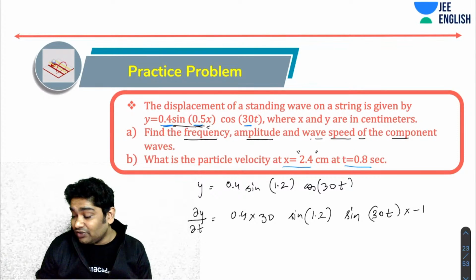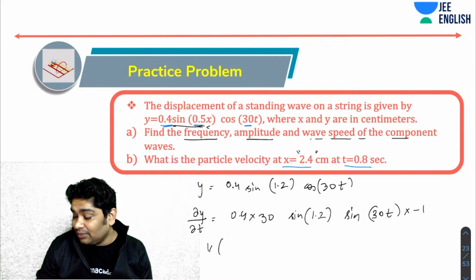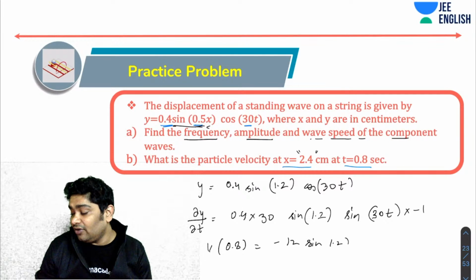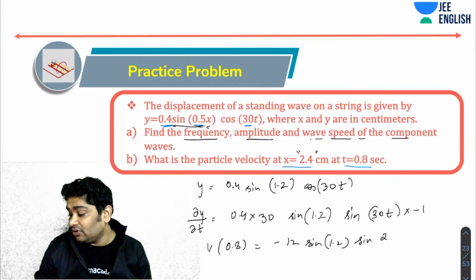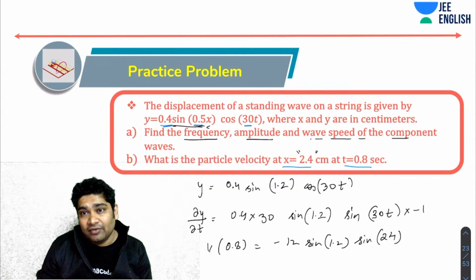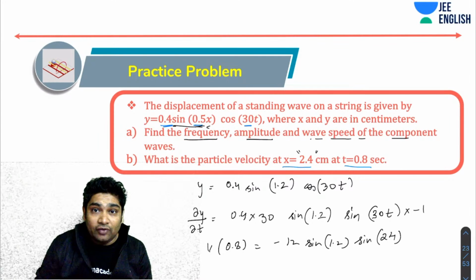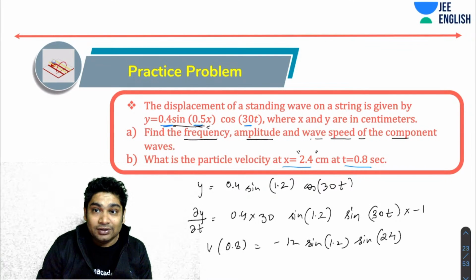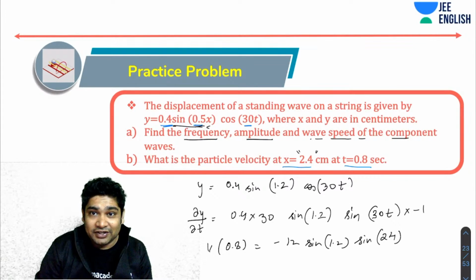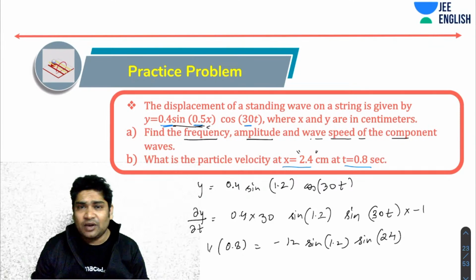So the velocity of the particle at this time would simply be minus 12 sine of 1.2 sine of 2.4. That'll be your answer. Again, somebody needs to give you the values of sine of 1.2 and sine of 2.4. If those values were known, you would have found out the speed of that particle. Okay, so this is how you go about this.